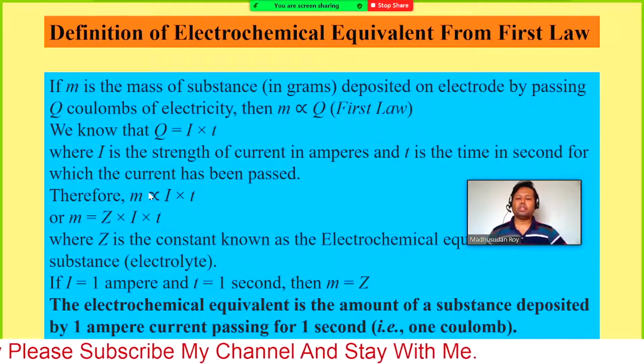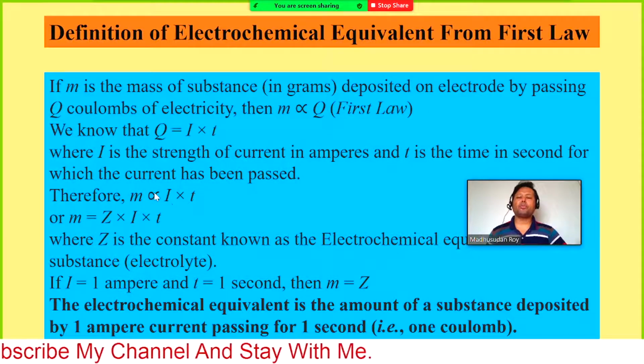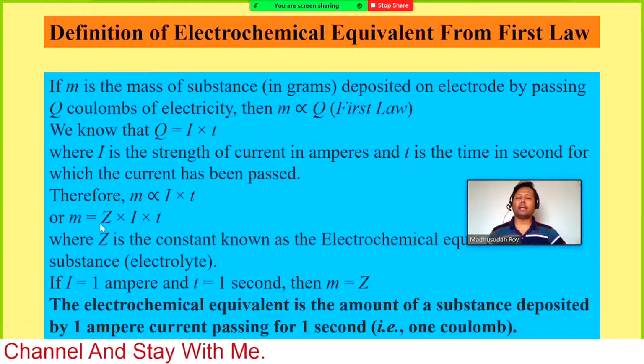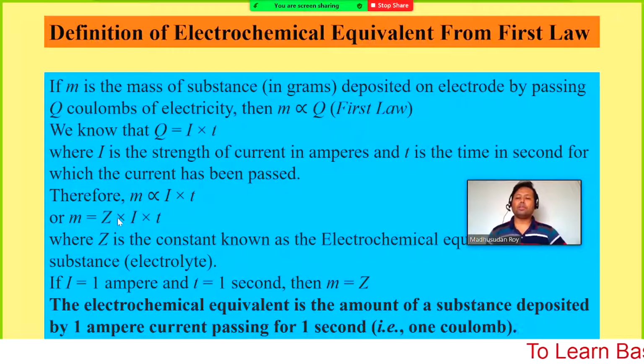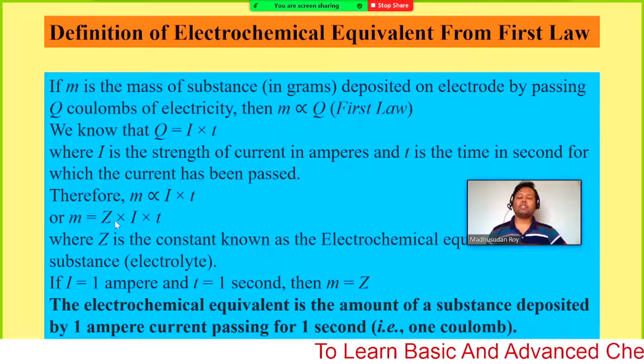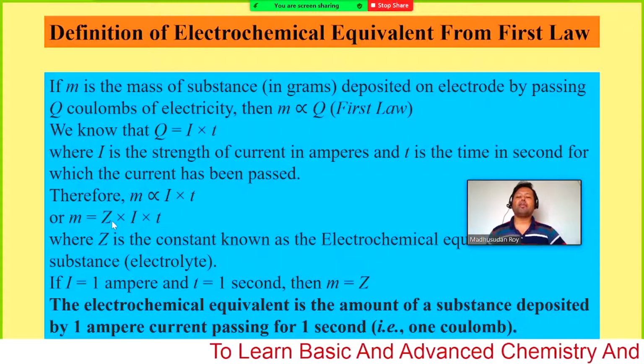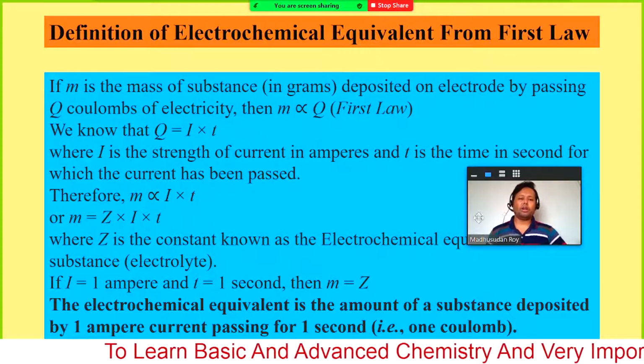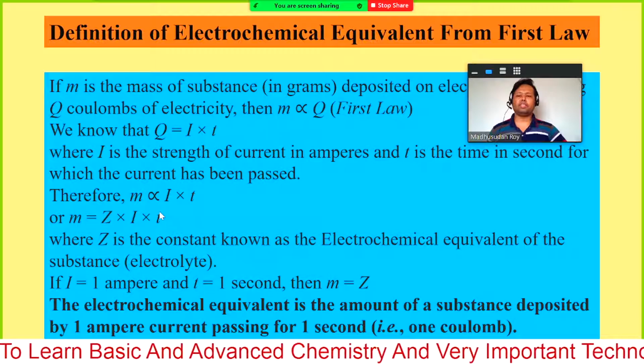So we have taken the proportionality sign and we are multiplying with some proportionality constant, G or Z, whatever. So from this equation, that is considered as the chemical equivalent or electrochemical equivalent.